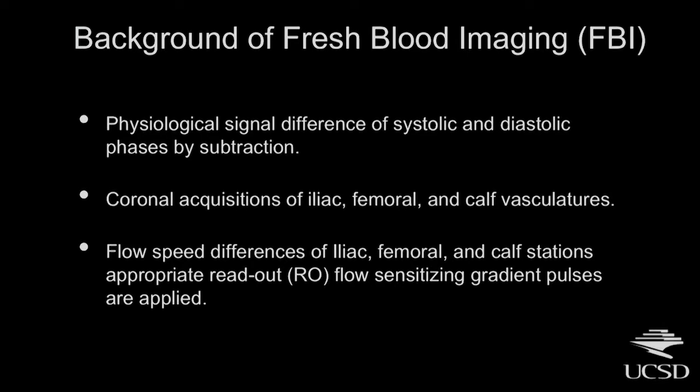For the flow speed difference in the iliac and femoral and calf station, Dr. Philip just asked, we can use a different spoiler pulse to knock down the unwanted systolic signal and bring the signal contrast up. I can explain that later.